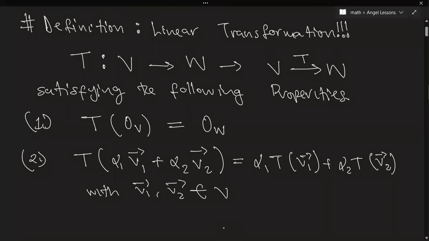These are everything that needs to hold true when we are discussing what we call a linear transformation. Any transformation which satisfies these two properties is said to be linear. Once these are verified, that's true.